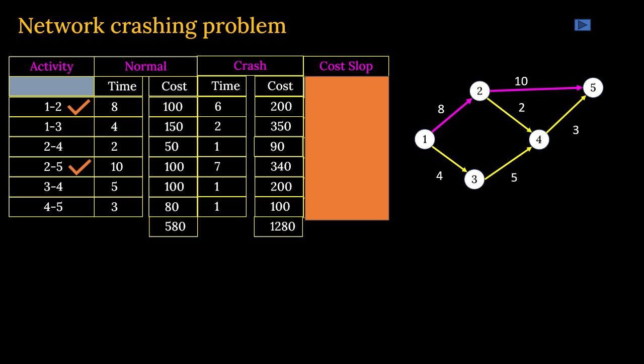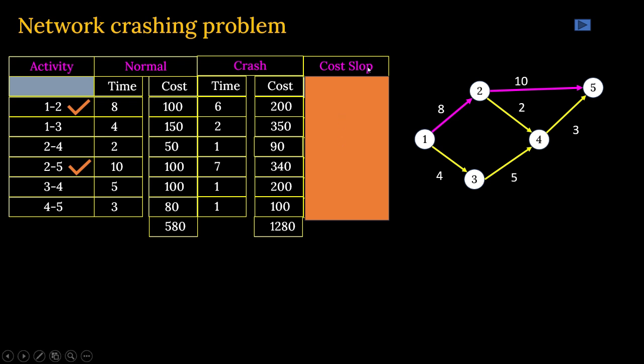That means if you want to crash a particular activity by 1 day, you have to give that much cost extra. And if it is to be crashed for 3 days, then that extra cost will be multiplied by 3 days to find out the total crash cost of that. You got my point? Okay.